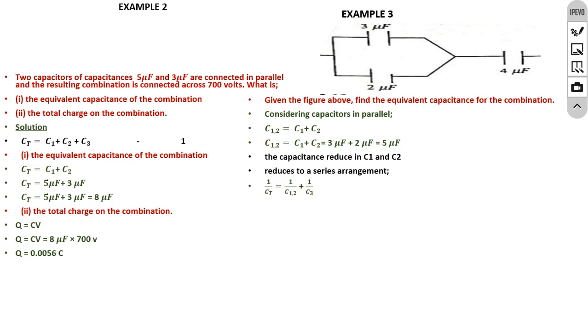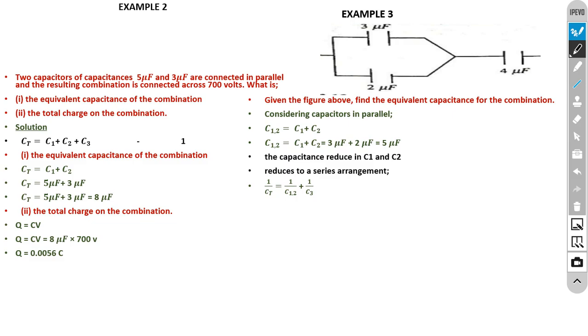That will now reduce to capacitors in series, which I have already explained. So if we have solved this and we obtain 5 microfarad, this is not this complex any longer, but we will have a series arrangement of this nature.